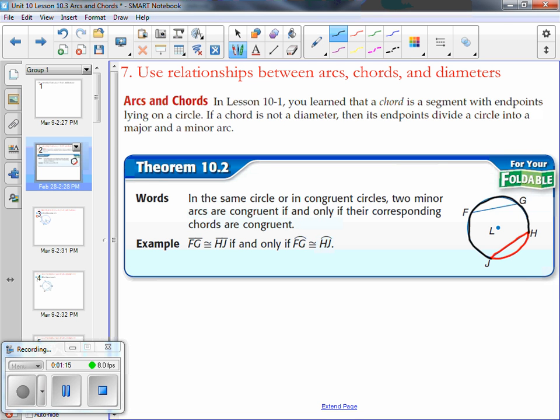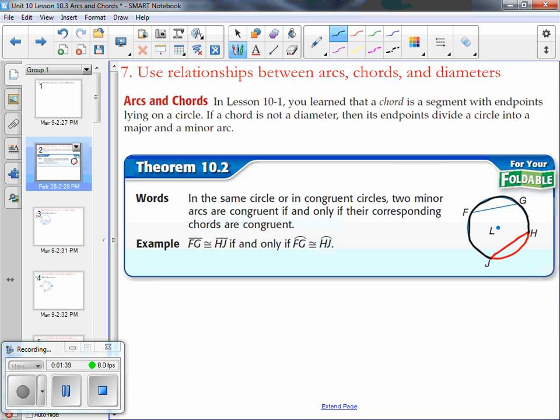Okay? Now, to understand this next theorem, you need to understand the concept of a chord corresponding to a minor arc. We've already matched arcs up with central angles, right? In the previous section, we would say that a central angle intercepts an arc, or an arc corresponds to a central angle.